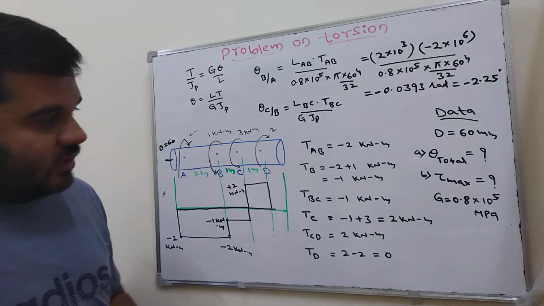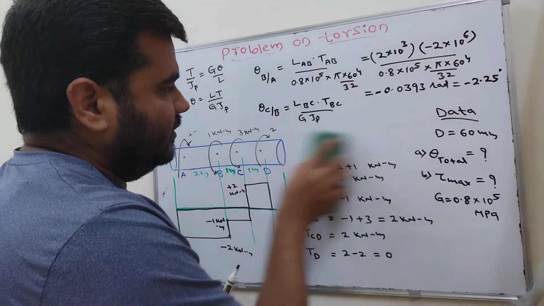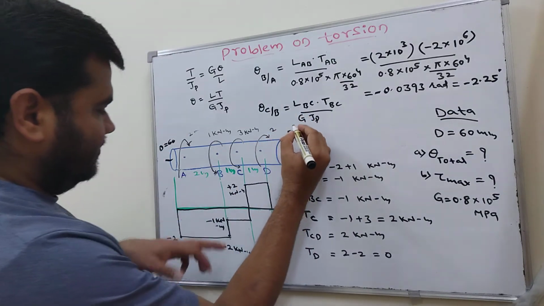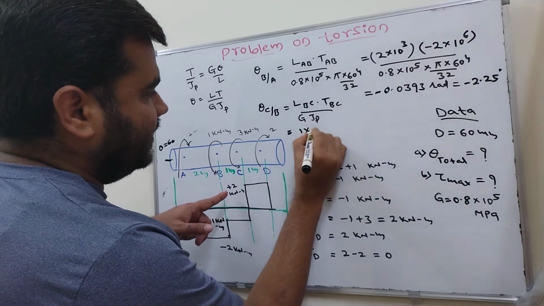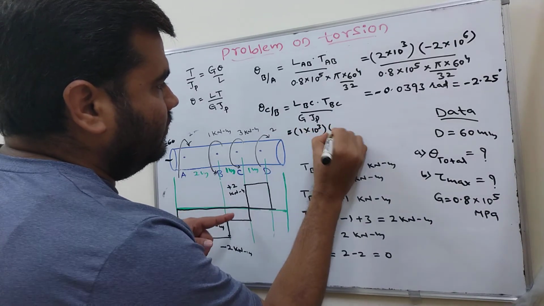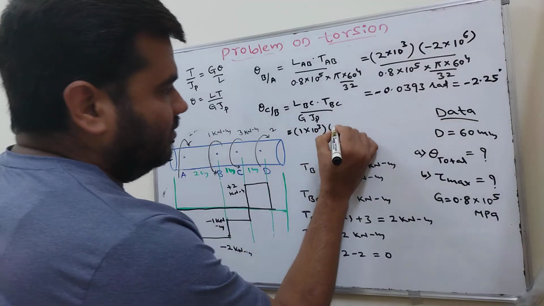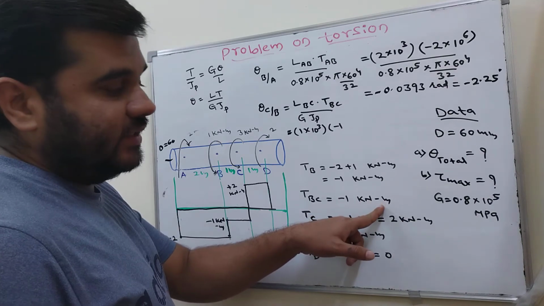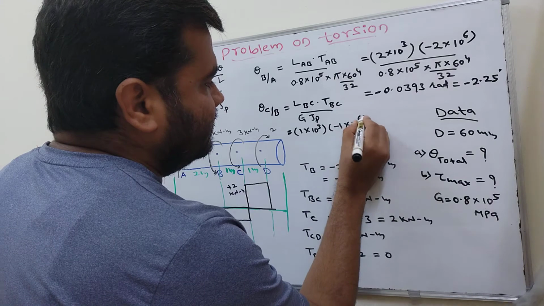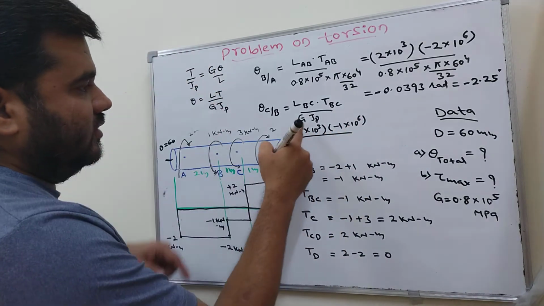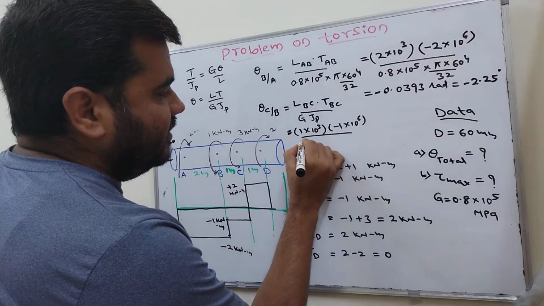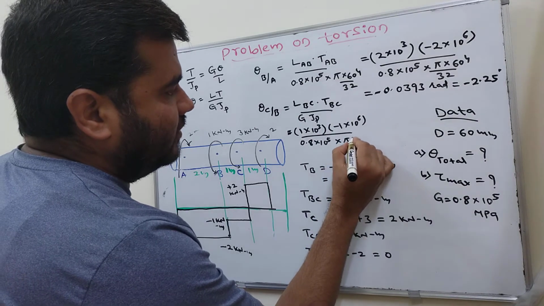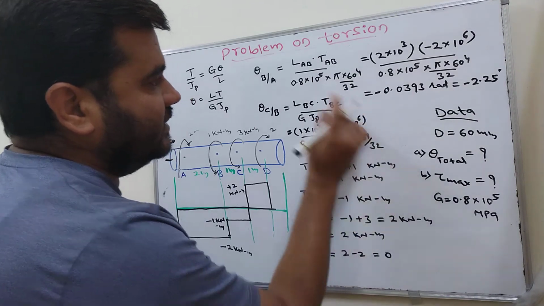Substituting, length of BC is 1 meter, that is 1 into 10 raised to 3, into the torque BC we calculated, minus 1 kilonewton meter, which is 10 raised to 6, divided by modulus of rigidity 0.8 into 10 raised to 5 and polar moment of inertia pi into 60 raised to 4 divided by 32. The denominator won't change.